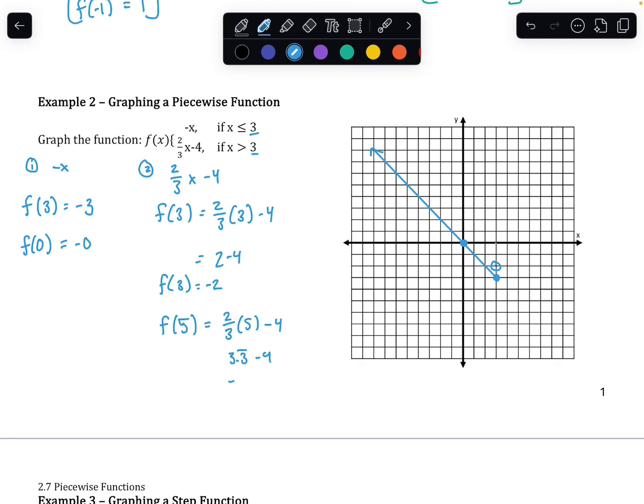We have -2 over 3, or -0.6 repeating. So 5, -0.6. Draw the equation to the right, because we're greater than. That's how you graph piecewise functions.